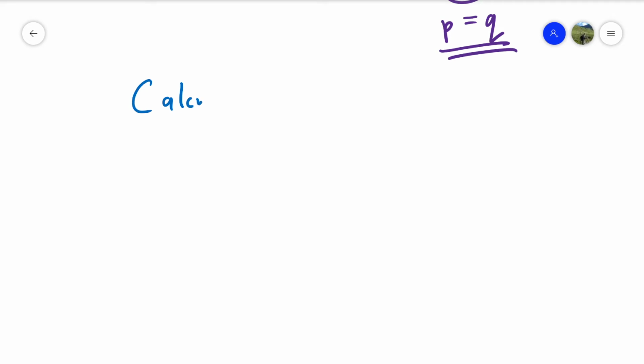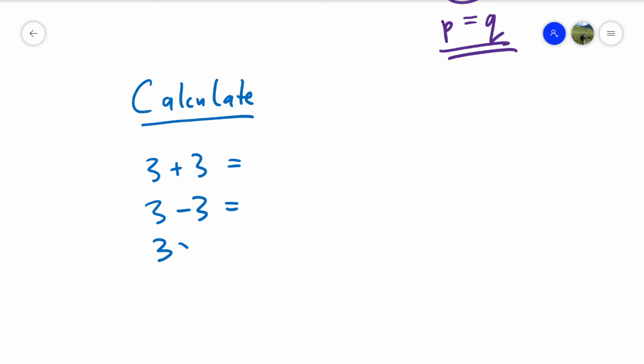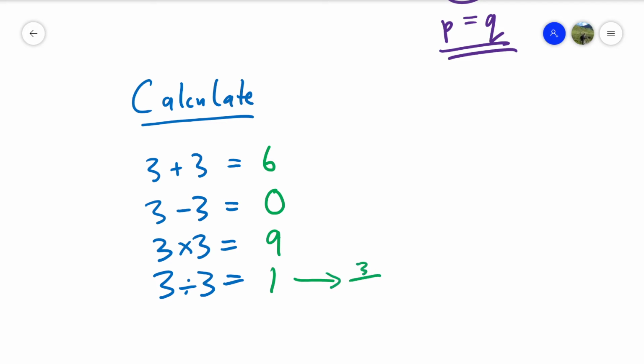Next is a calculate. I've got 4 calculate questions here, or little calculate things to do. Pause the video if you need to, have a go in your own time. I'm going to give you my answers now. There we go. If you didn't get one of those, double check. Remember that this one is 3 divided by 3, so it's 3 divided by 3 shared with 3 people.